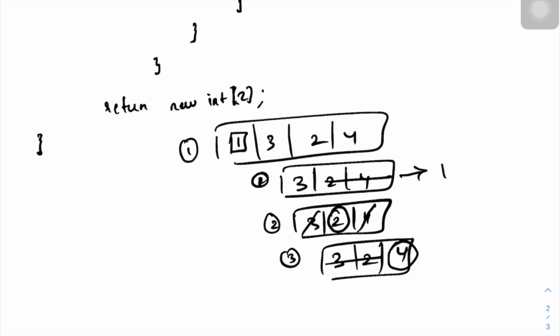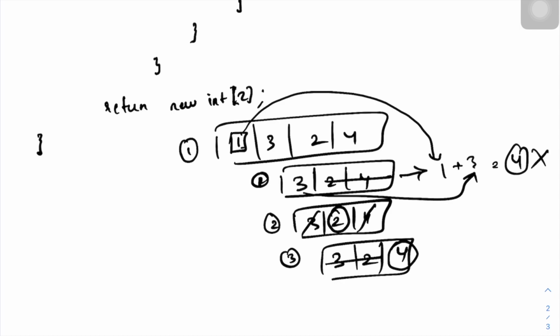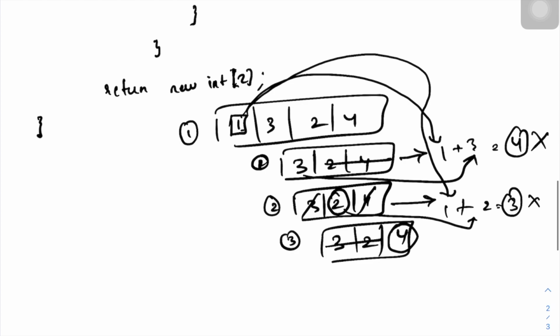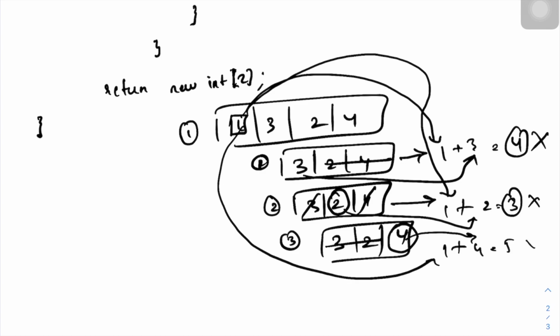Here the sum is 1 from here and 3 from here, which is 4, which is not meeting our target. In this step, 1 is from here and 2 is from here, which is 3, which is not meeting our target. Same way, in the next step, 1 is from the top and 4 is from here, which is 5, which is not meeting our target.